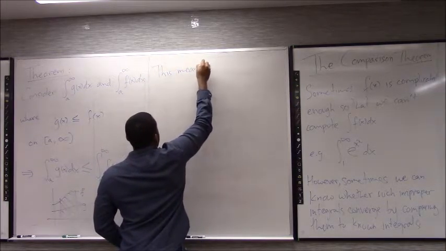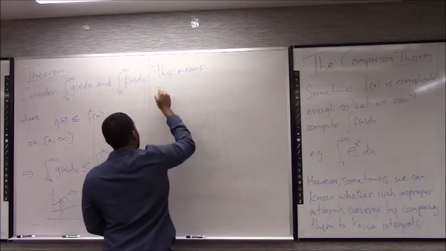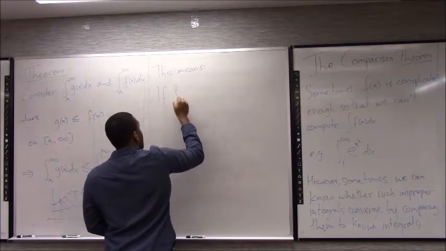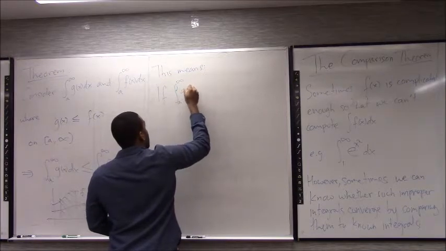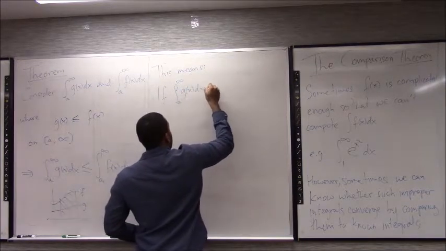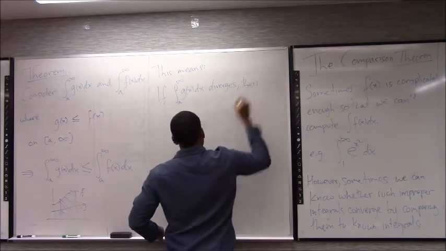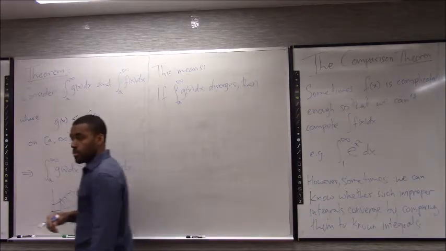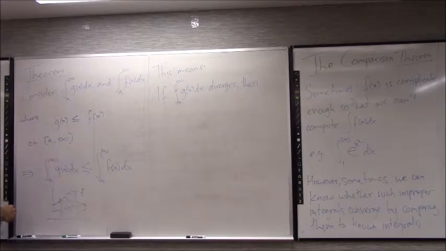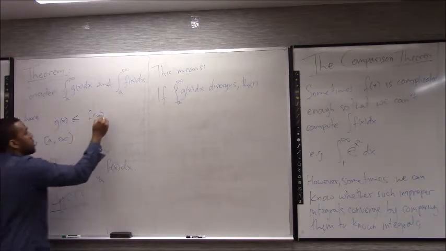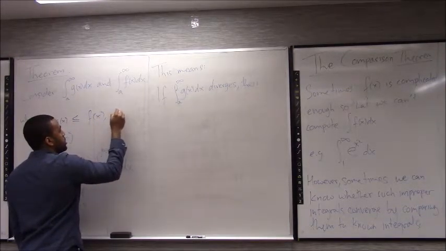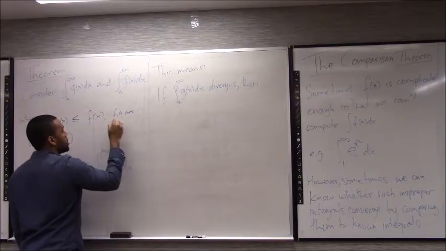From this we can make some conclusions. If the integral of g of x dx diverges, then, oh, there was one other thing here: f and g are positive functions.